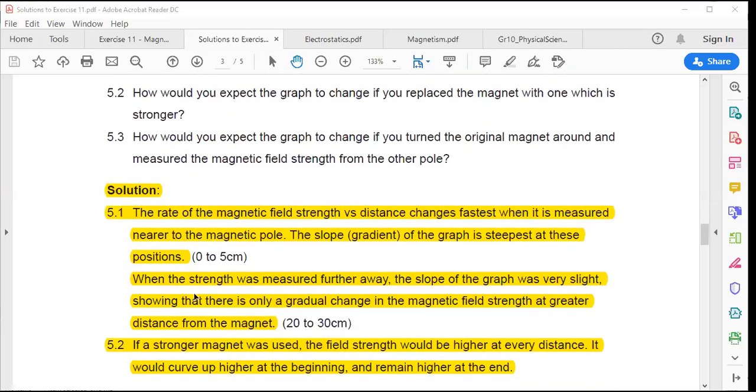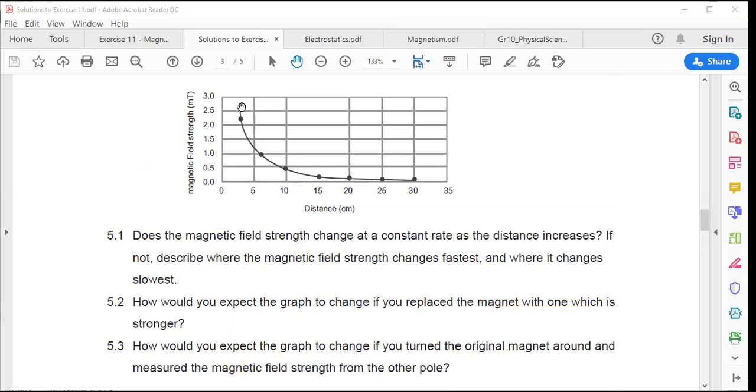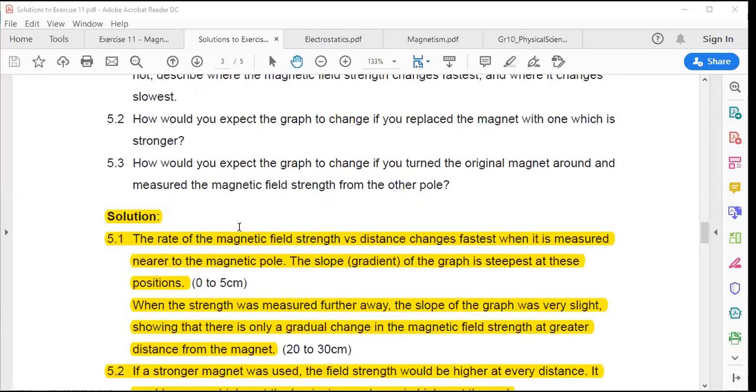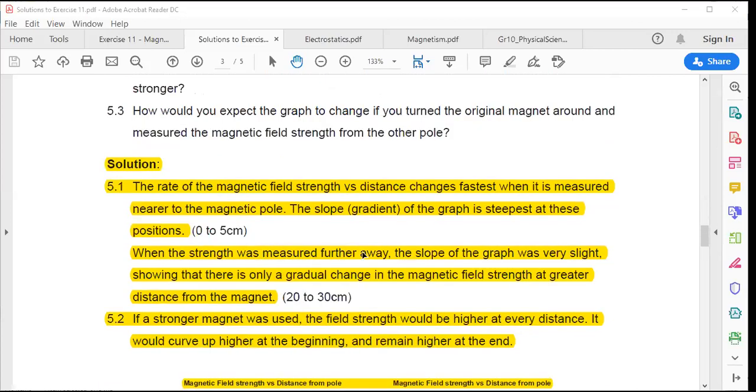So the answer there, it's saying the rate of magnetic field strength versus distance changes fastest when it is measured nearer to the magnetic pole, right? Here I've just given 0 to 5, but you don't necessarily have to put a 0 because at 0 there's nothing, so you can use any value greater than 0, right? Then when the strength was measured further away, the slope of the graph was very slight.